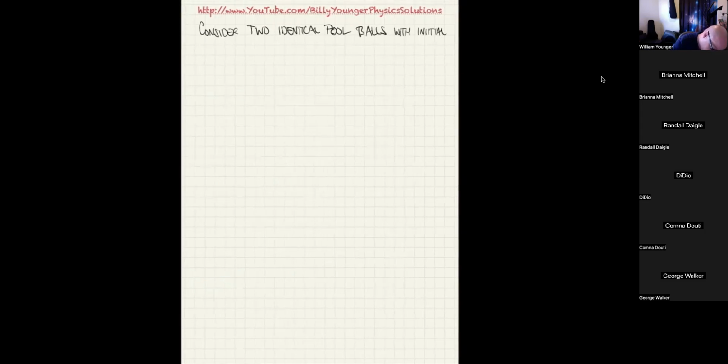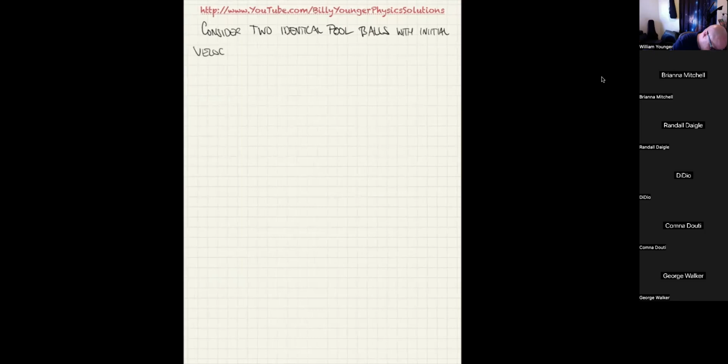Well, I was going to write pool, and then I changed it last second to write billiards. All right. Consider two identical pool balls with initial velocities.